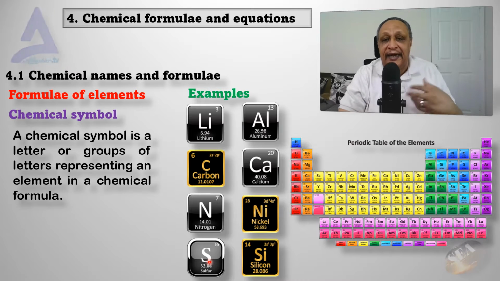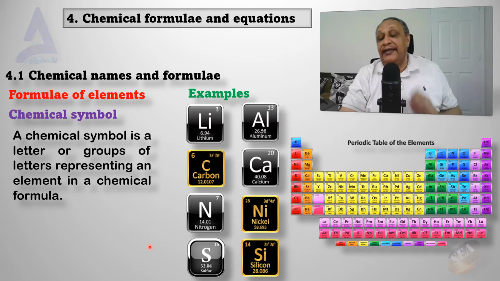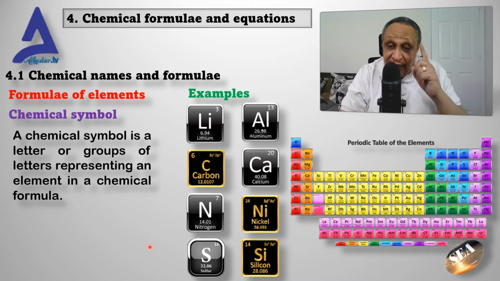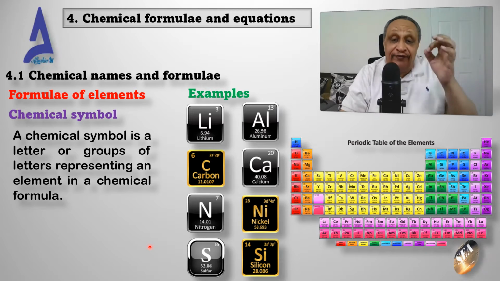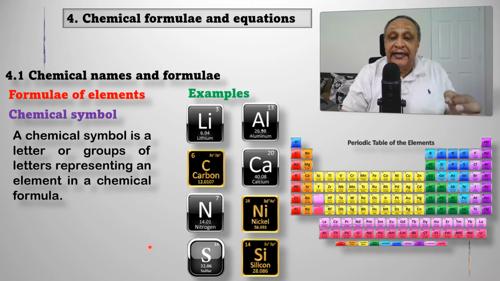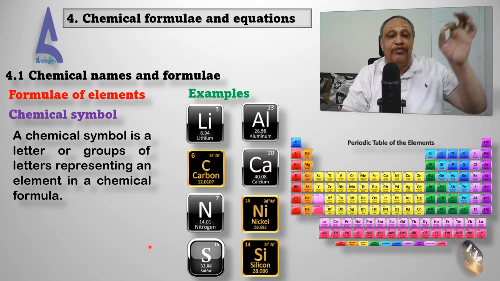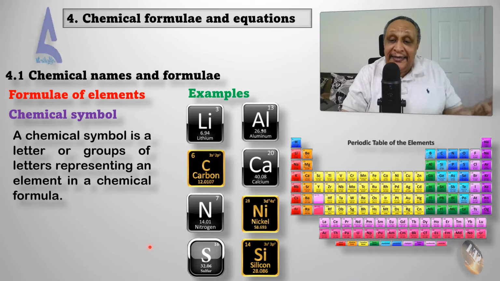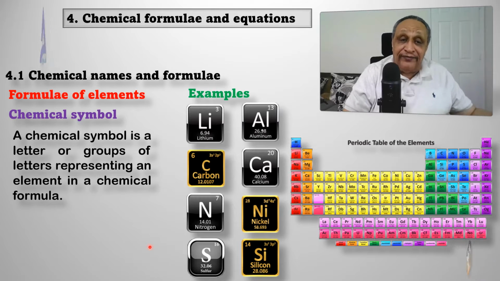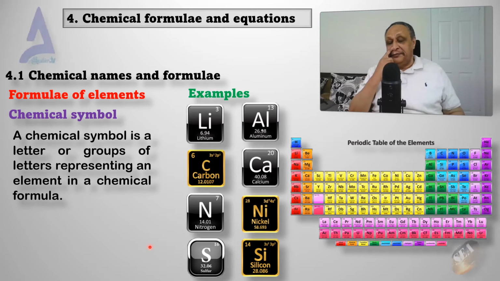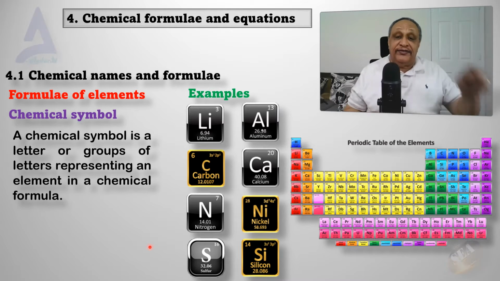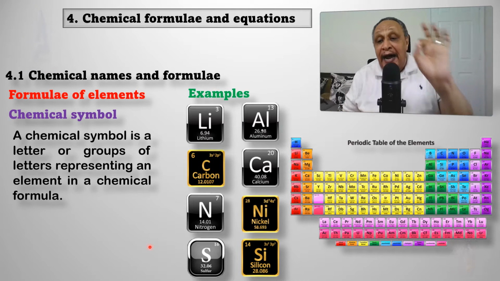All these are elements with one letter, and this letter is the first letter of the name. For example, carbon starts with C, and for this reason C is the symbol of carbon, the first letter in the name carbon.